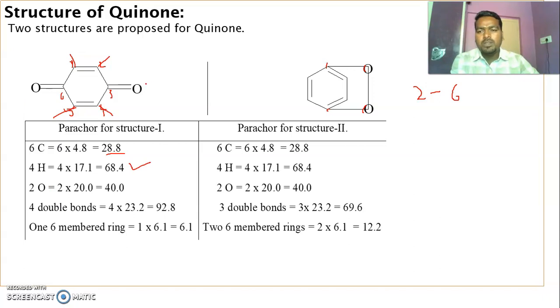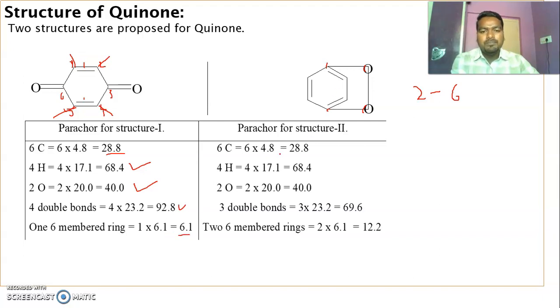And there are 2 oxygens on either side of the ring, so its value is 40. And there are 4 double bonds: 2 CO double bonds and 2 CC double bonds. Totally there are 4 double bonds and 1 six-membered ring, so its value is 6.1.